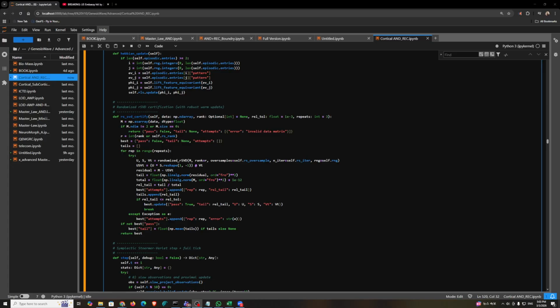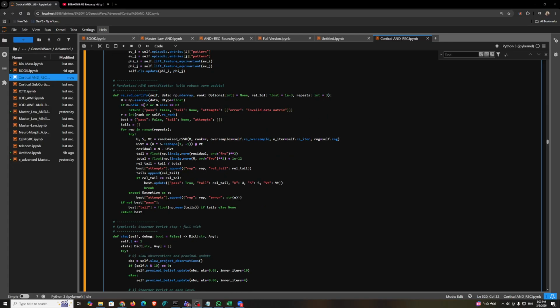Now we also have to certify the efficiency, because to maintain computational efficiency, especially as the system evolves and generates vast amounts of data, the engine must periodically employ this RS-SVD certify function. This function performs that randomized SVD on snapshots of the engine's history. So think, for example, how fast phasers have changed over time.